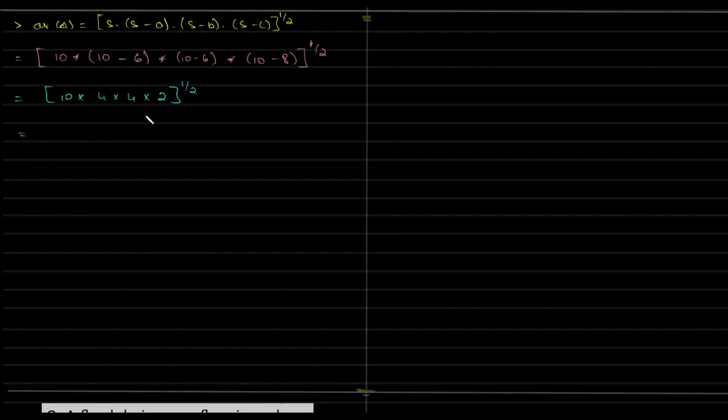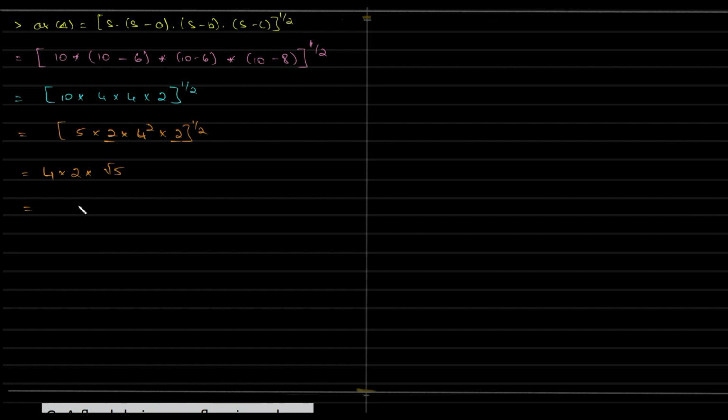Okay, now I want you to pause and think over how to calculate this fast. So we have 10 that can be written as 5 into 2, and this is 4 square, and that's 2 again. So we have square root of 4 square, that is 4, square root of 2 square, that is 2, and square root of 5.